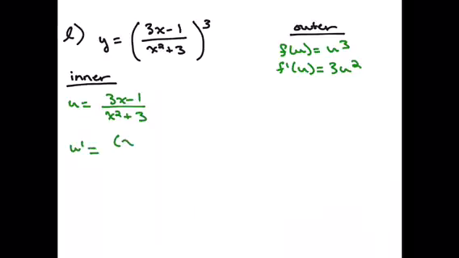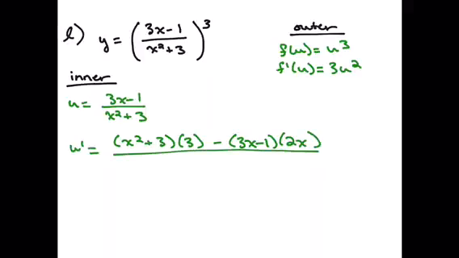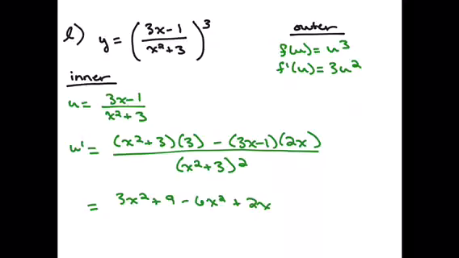So we get low d high, which would be 3, minus high d low, which would be 2x, over low squared. So if I distribute my 3, I get 3x squared plus 9 minus 6x squared plus 2x, because I have to distribute that minus to that other minus, and I make it a positive 2x, over low squared.